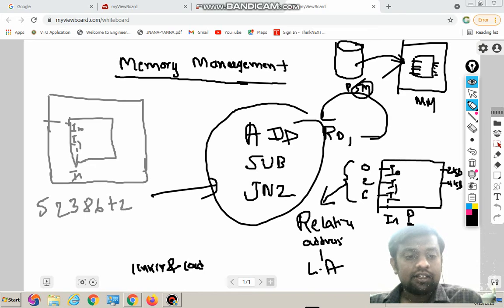So the next address will become 52388. Earlier it was 386. Basically what we are trying to do is find the absolute address. This can be found by adding the base address plus the logical address or relative address.